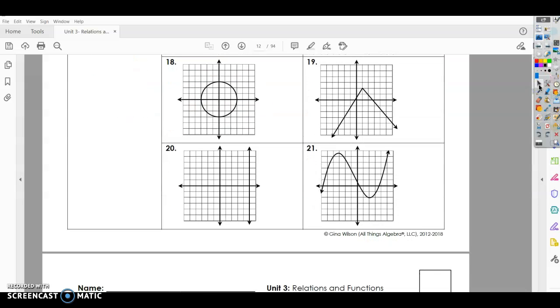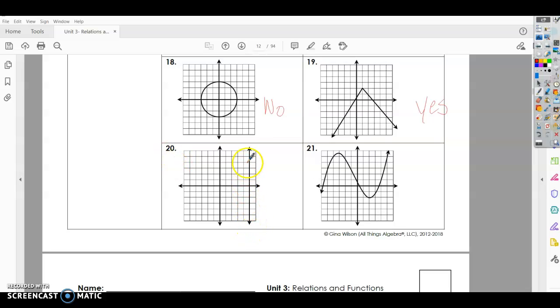All right, number 18, the vertical line does not pass. It hits more than one point at a time, so that'd be no, not a function. 19, you're going up and back down, no points across more than once. That one is a function.